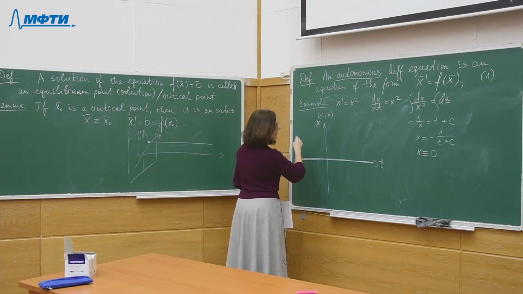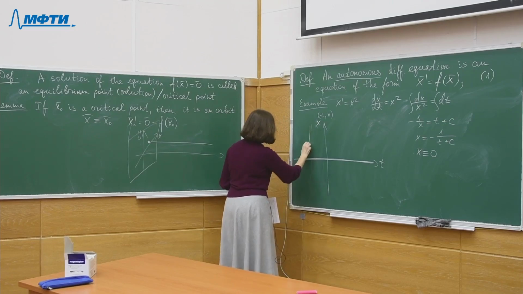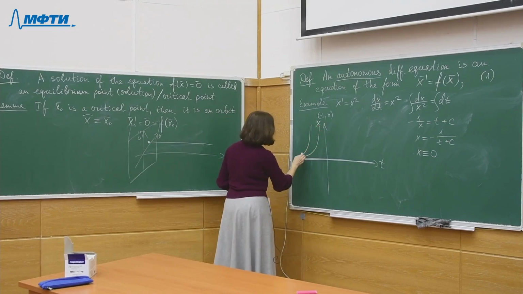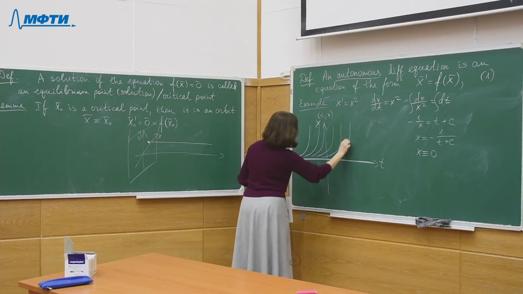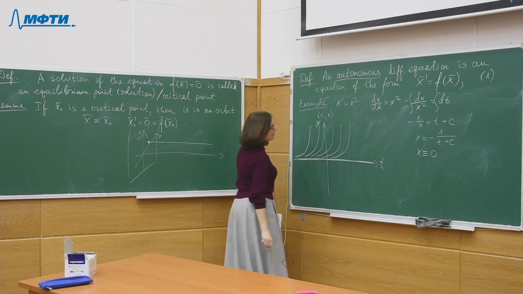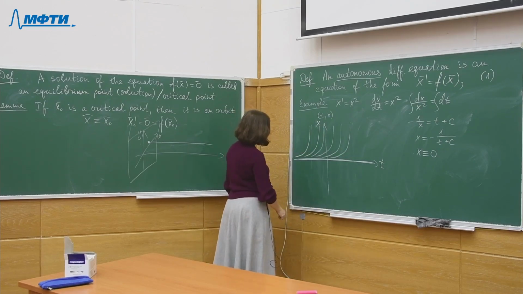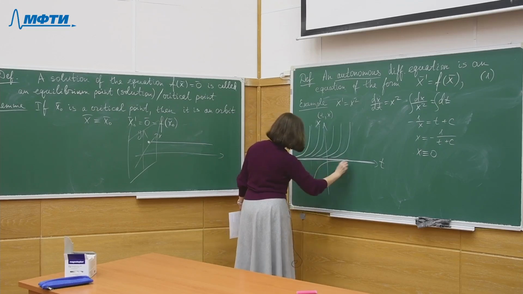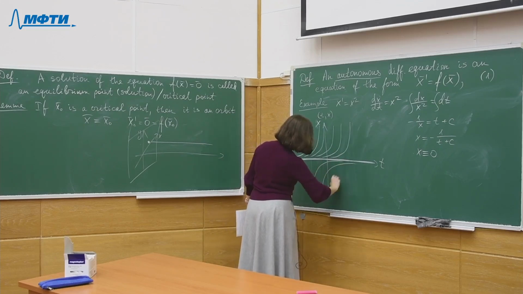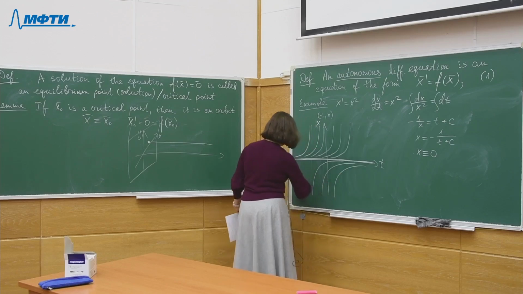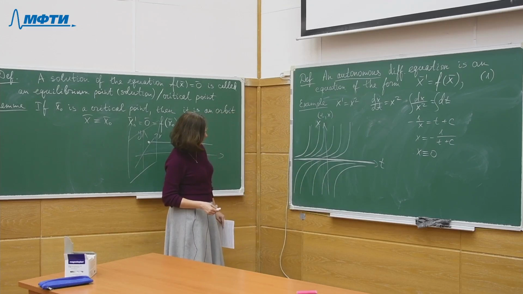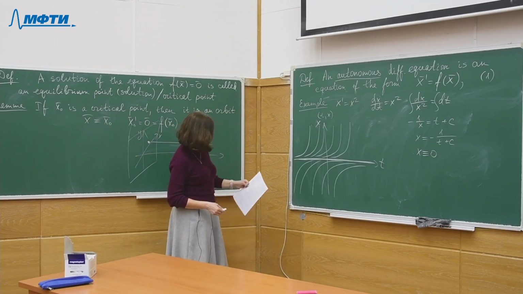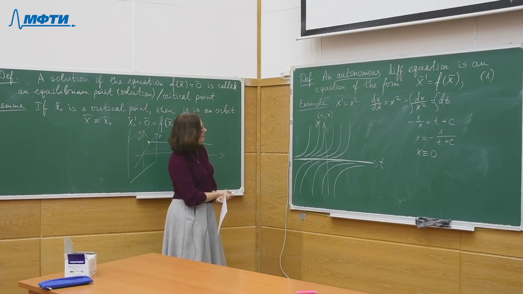It is something like these integral curves, with asymptotes, and we continue for negative values.